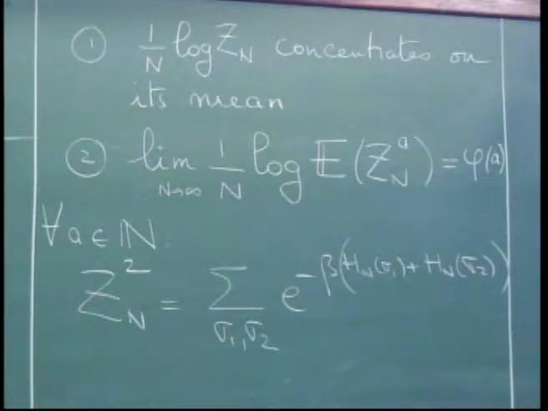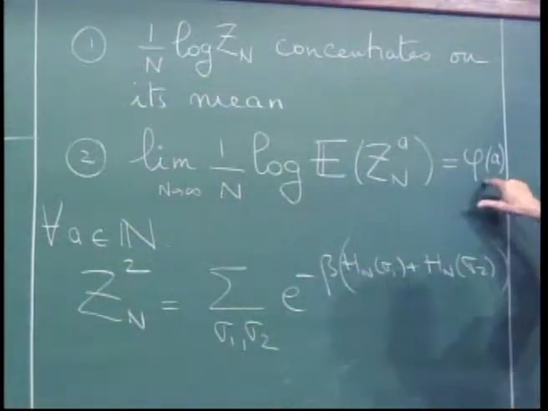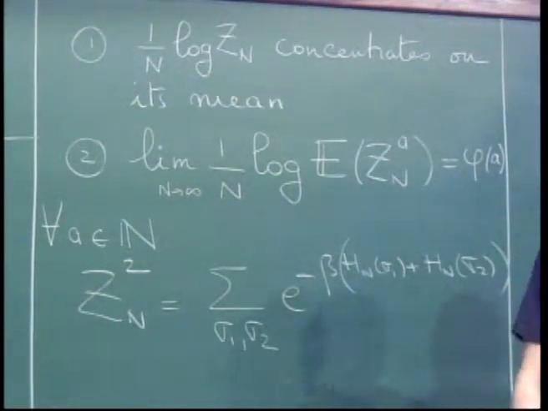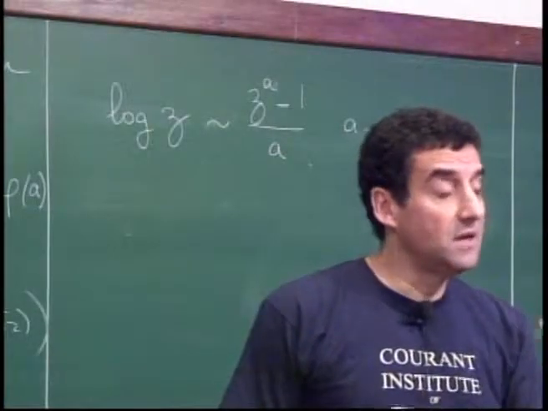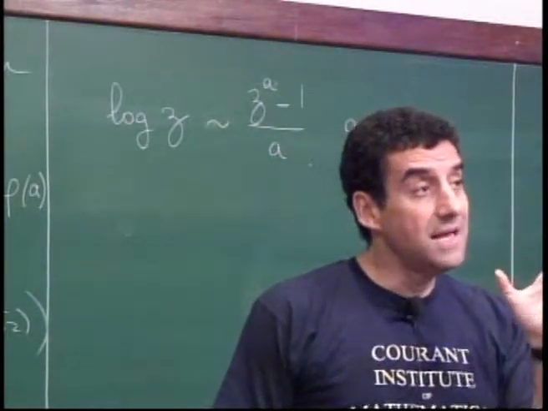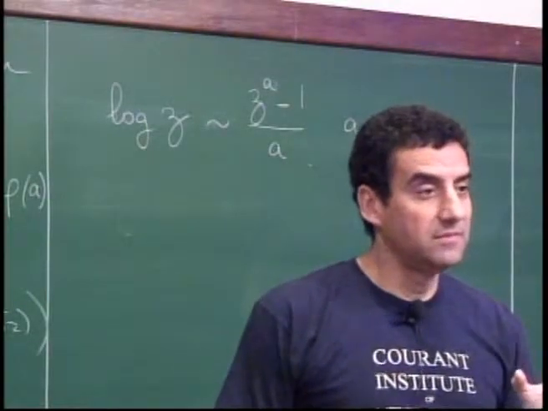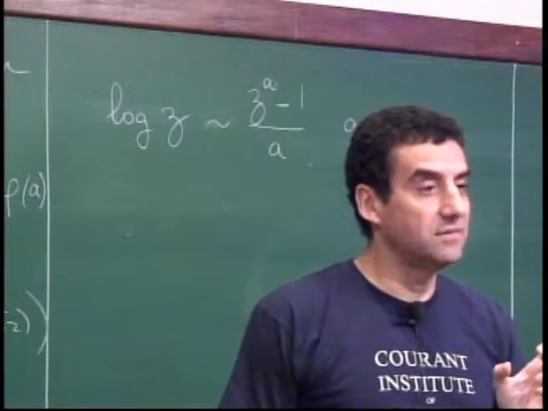So you have a variational problem, and what Parisi really does finally is not trying to extend the value of this phi of a to non-integer a. He looks at it as a variational problem, and he finds the minimizer of this variational problem, or maximizer, depending on how you look at it, and extends the variational problem itself and the definition of the minimizer.